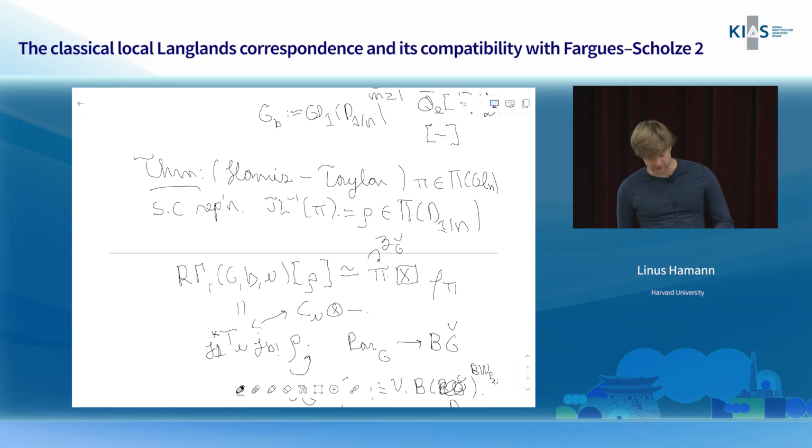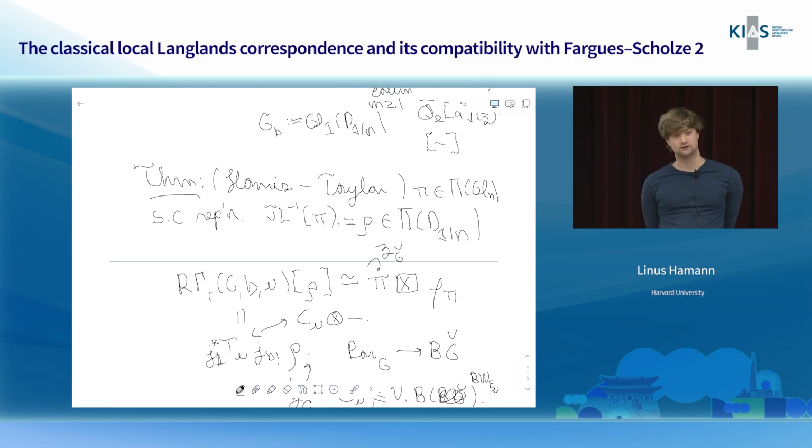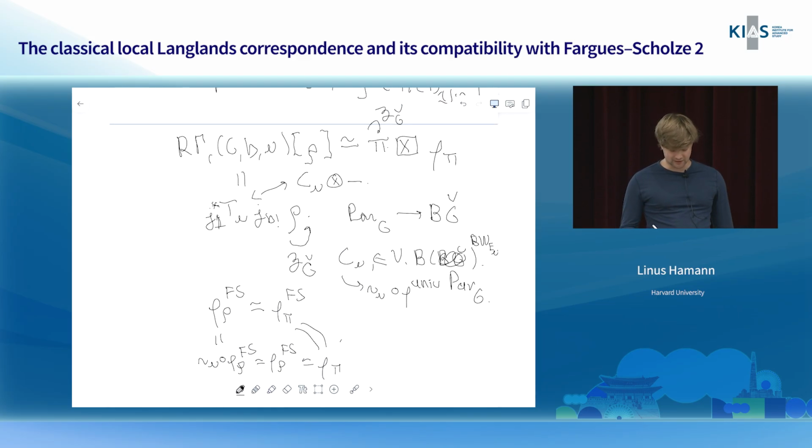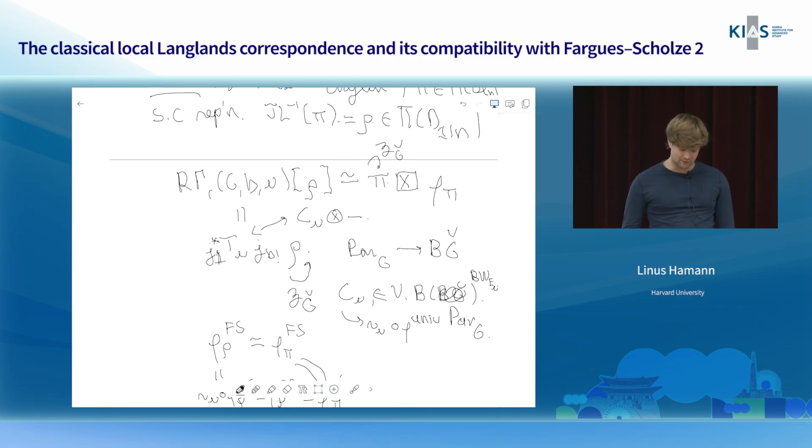So are there any other questions about this? How did you get that the Fargues-Scholze parameters of rho and pi are all the same? Yeah, so you do need some kind of argument for that, but maybe the most succinct way is that the excursion algebra and the Hecke action commute with one another.